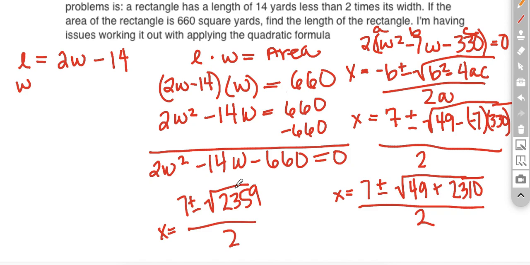And then I'm coming up with x equals 7 plus or minus 48.57. So I'm not sure how far to round this one.